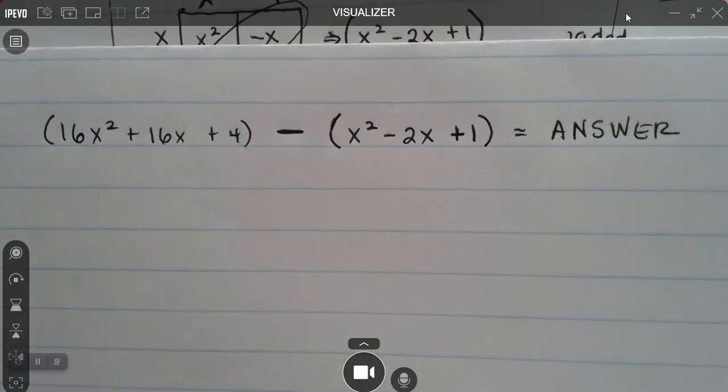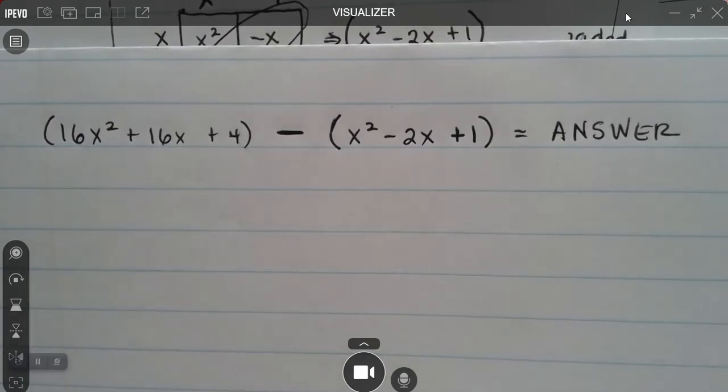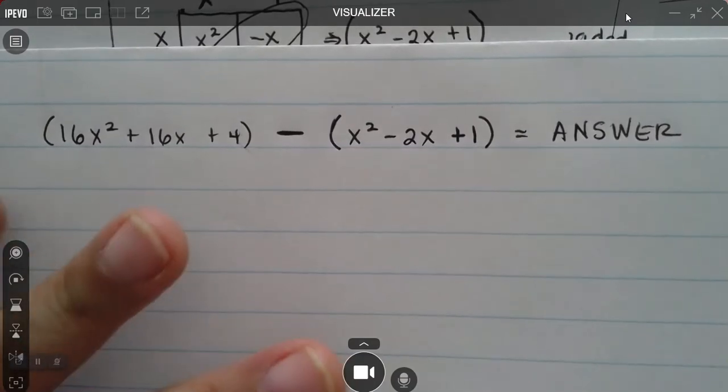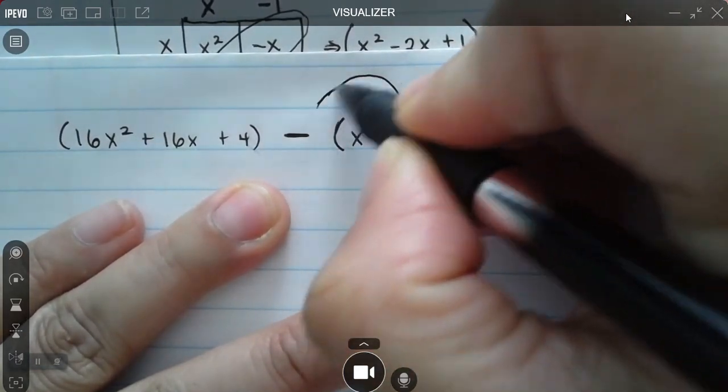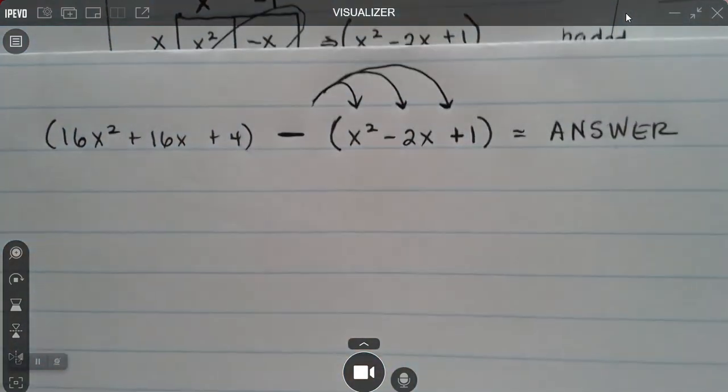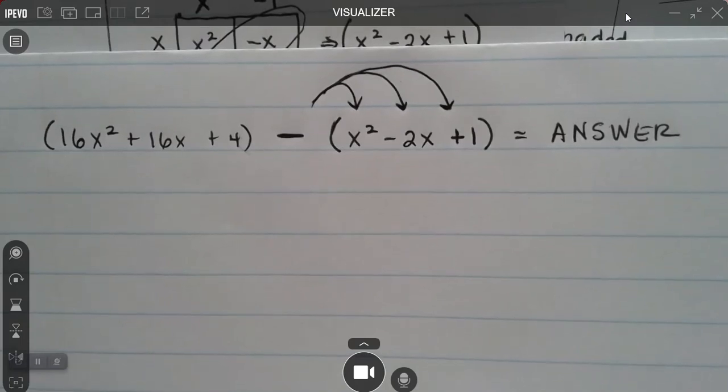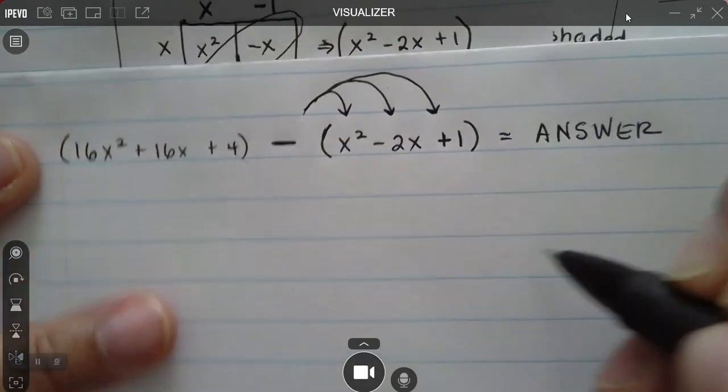Now this went from being a multiplication problem to now a subtraction problem. See why milestones love this problem? But we're ready for this. What happens because of this minus sign? Correct, they're going to change signs. Correct.